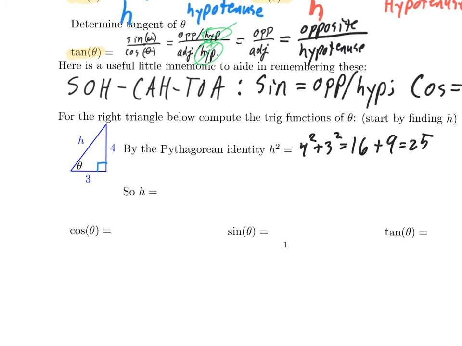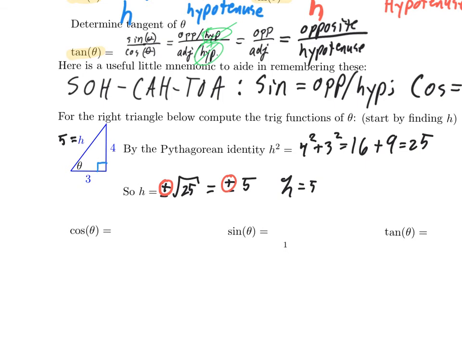And so h squared is equal to 25. So that means h is equal to, well, maybe I'll be a little bit silly, plus or minus the square root of 25, also known as plus or minus 5. But this is the side length in a triangle, so it doesn't make sense for it to be negative. It has to be positive. The length of the hypotenuse is 5.